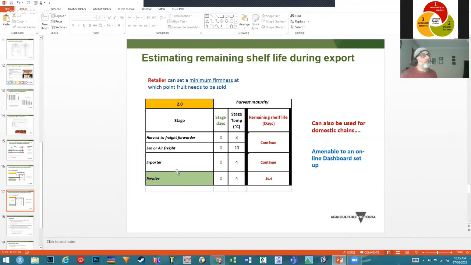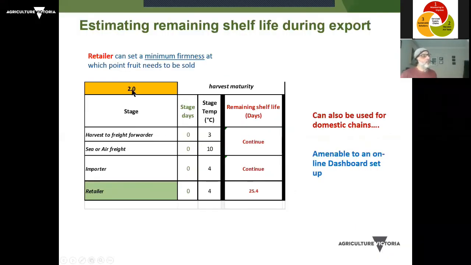And we can do the same thing from a retailer perspective. I'm not going to demonstrate it because it's similar to the previous calculator. Again, the retailer can set a minimum firmness by which time they have to sell the fruit, put in some numbers there, and then determine what the remaining shelf life is.